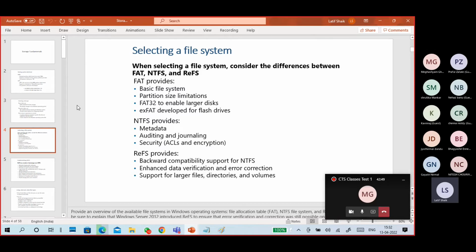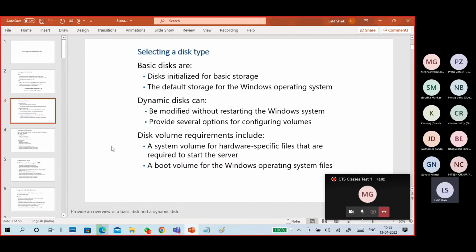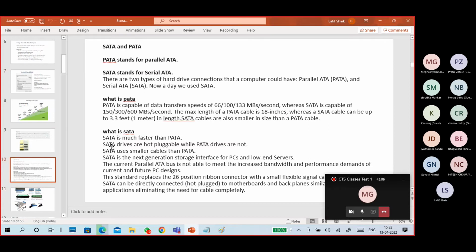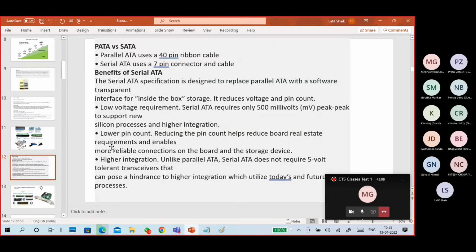For example, say I forgot to prepare my subject to deliver tomorrow. How do I practice? How do I read it like this? Take something very easy: benefits of serial ATA. It just looks clumsy, right?